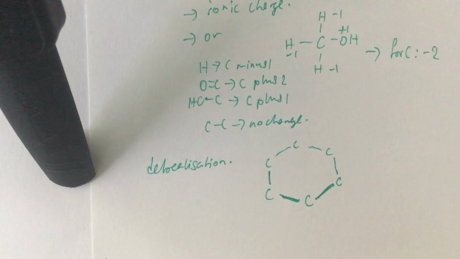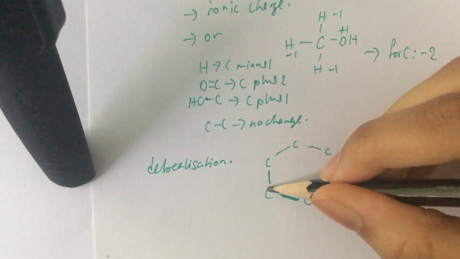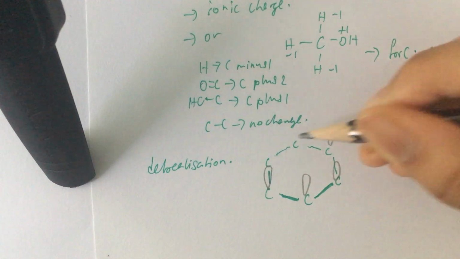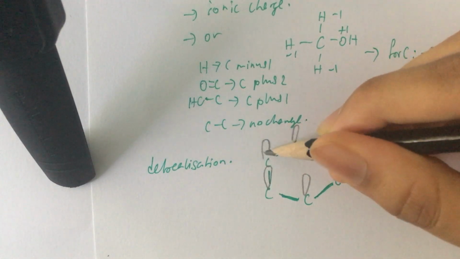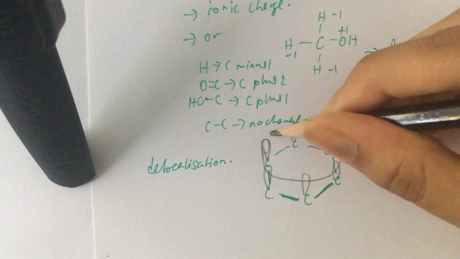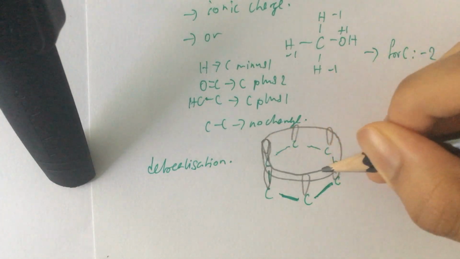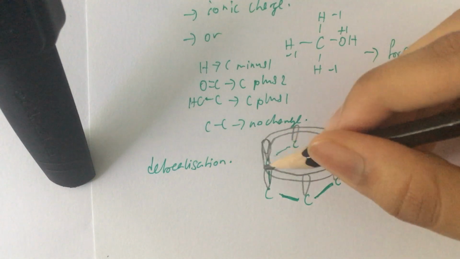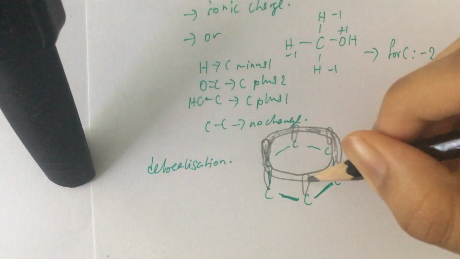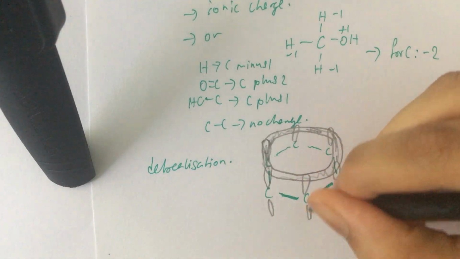So the extra electrons are delocalized, and they don't really stay in place, and they can move all around the place. And therefore, even if you were to draw the hexagon with 3 double bonds, it's not really reflective of the actual reality, because the electrons can move everywhere, and the double bond can change from this way to that way, and we don't really know where exactly the double bond is.